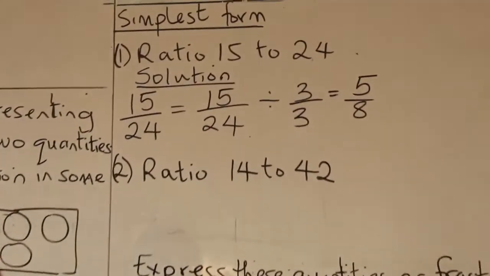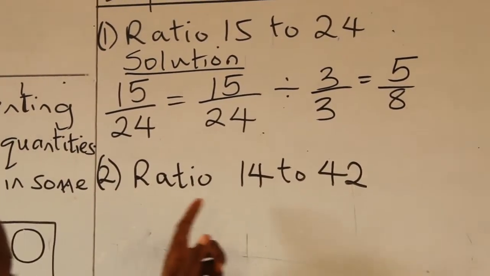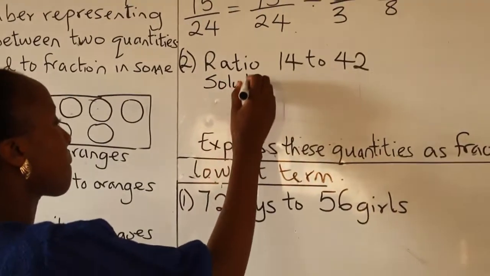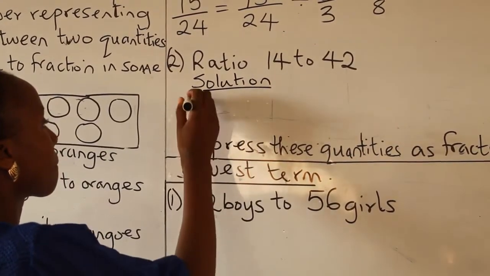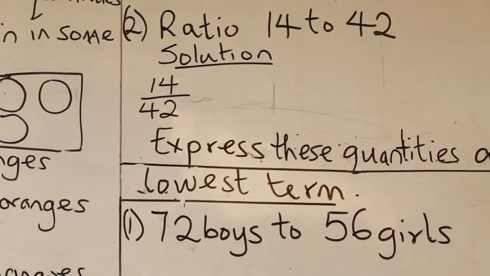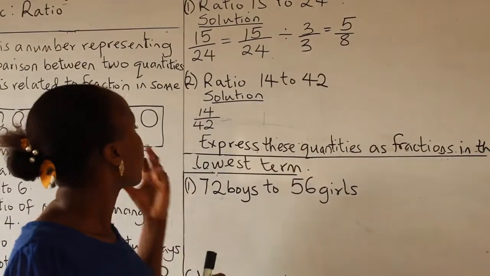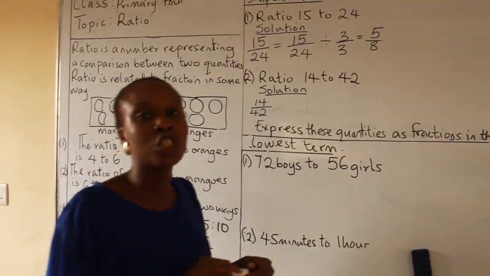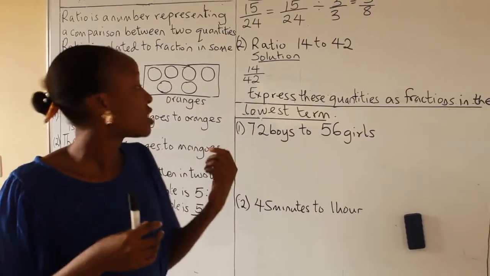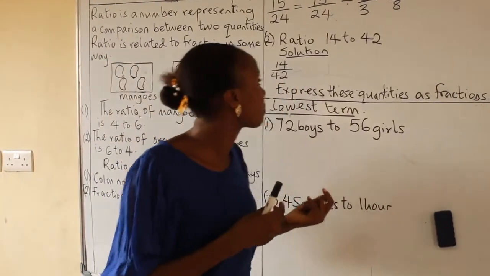So that's our answer. The second question says ratio 14 to 42. 14 over 42 can be divided by what single number?